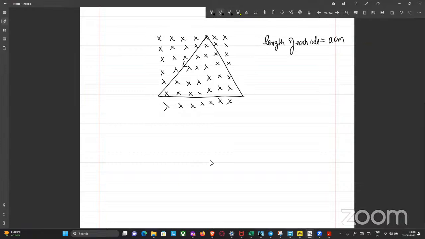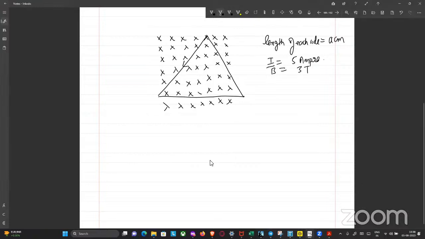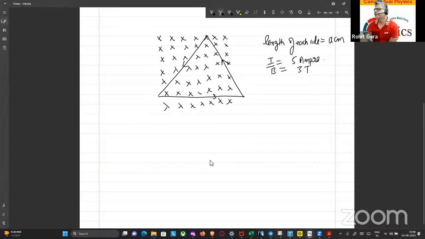Now you've been given B is equal to 3 Tesla. You have to find the force on each of the 3 sides.